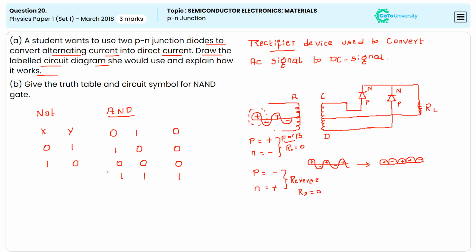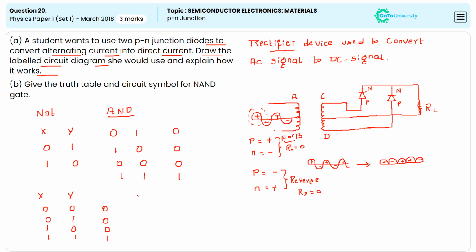The combination of these two is the NAND gate. The inputs are X, Y: 0 0, 0 1, 1 0, 1 1. Applying the AND gate, 0 0 gives 0, 0 1 gives 0, 1 0 gives 0, 1 1 gives 1.